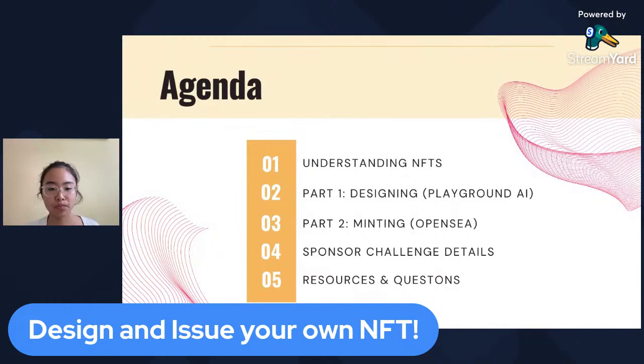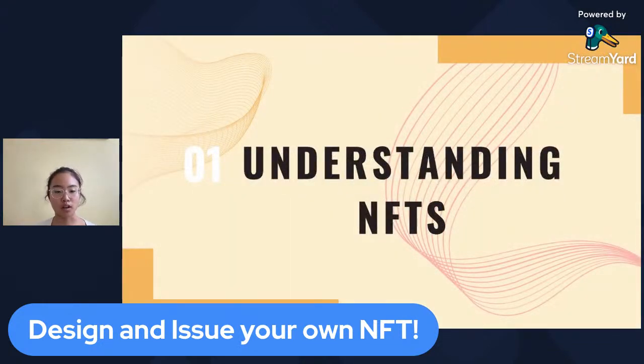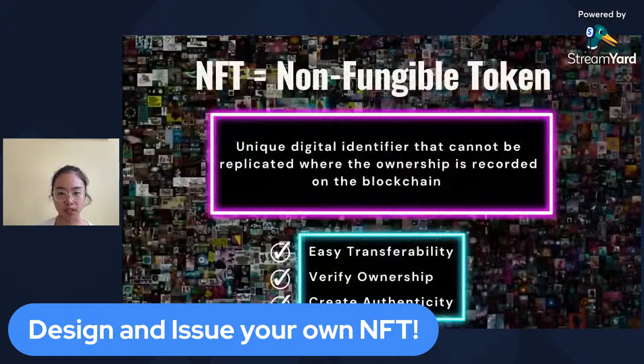Now for part one, we're gonna dive into NFTs. So what are NFTs specifically? An NFT stands for a non-fungible token. If something is non-fungible, it means that it's unique and it cannot be replaced.